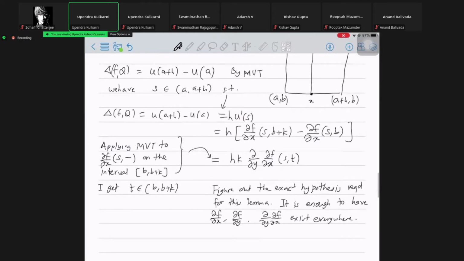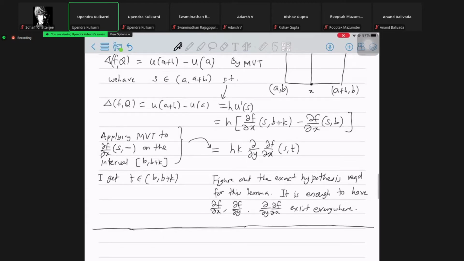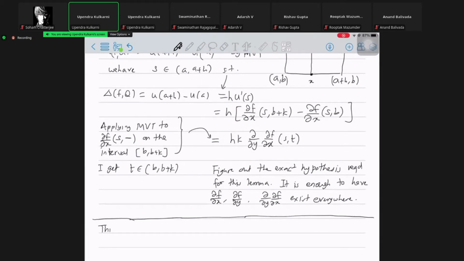Okay, so with this lemma in hand, let's actually prove the result. So theorem. And now we'll be careful.